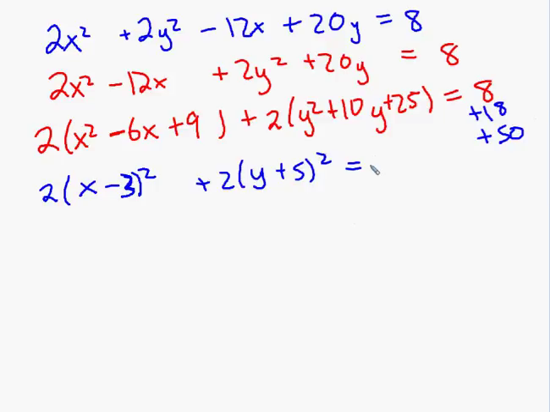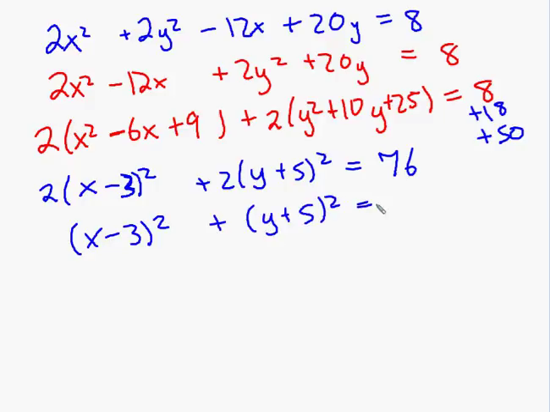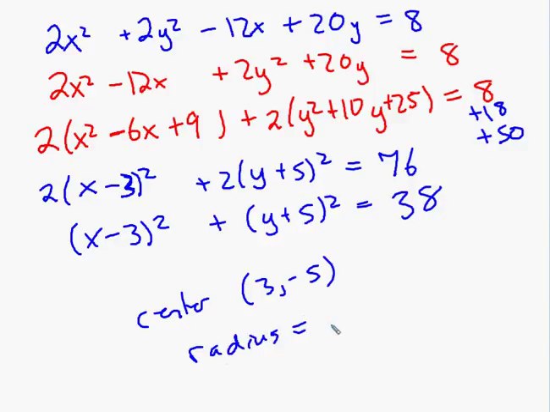What do I get? 76. And then we are going to divide all of this by 2. And 76 divided by 2 is? 38. So, our center is 3, negative 5, and our radius is root 38.